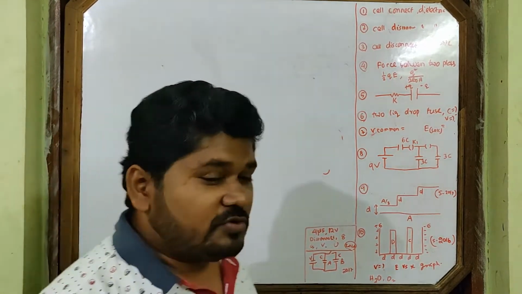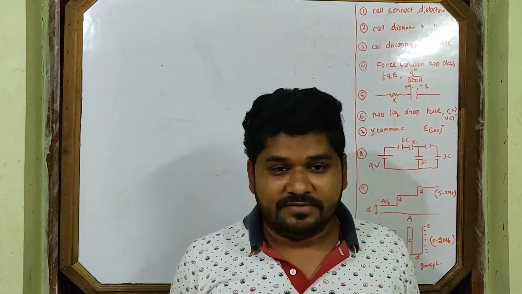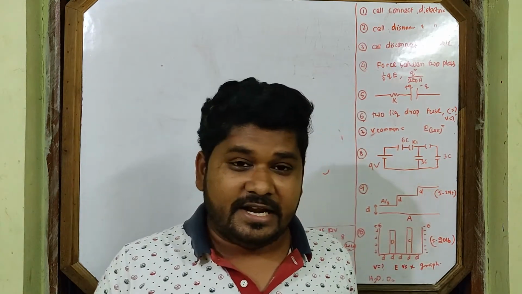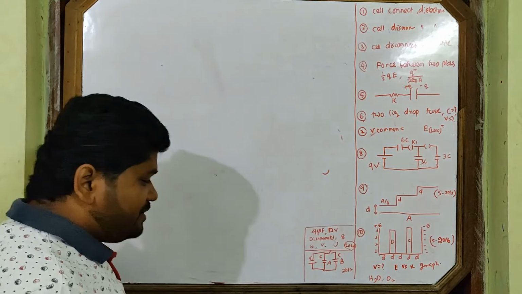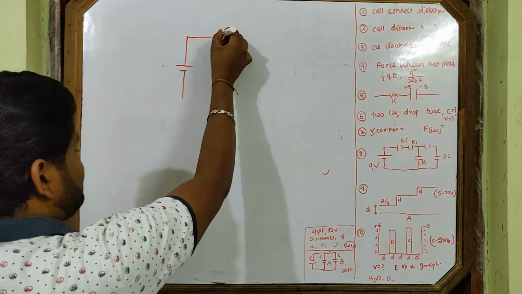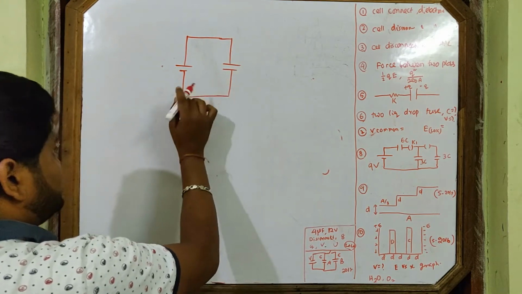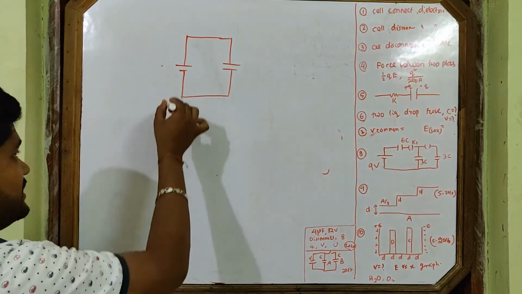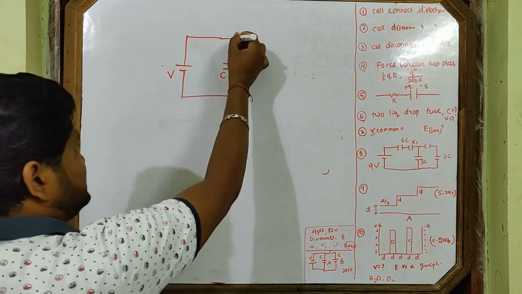One question came in the 2017 board examination, based on this concept, with a little change in the question. This dielectric insertion, distance double, this type of question. What question came in the board examination? The figure is like this. This is the cell which provides potential difference V, and one capacitor is C, connected.